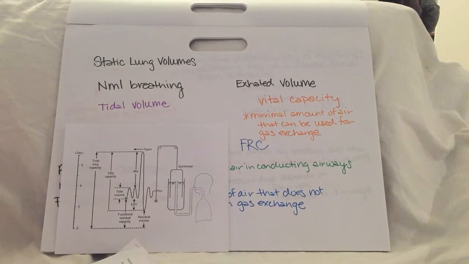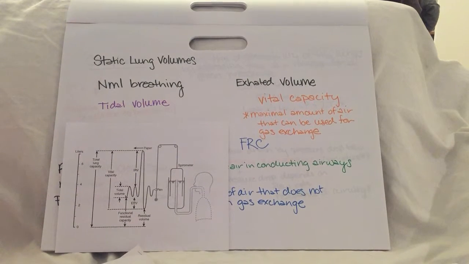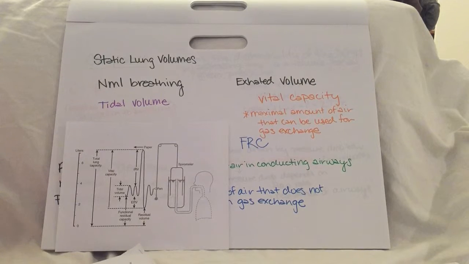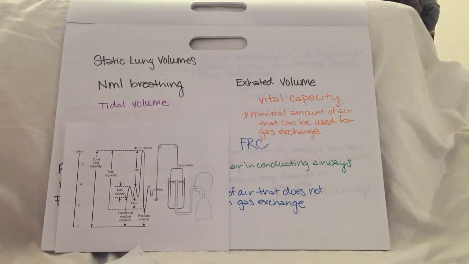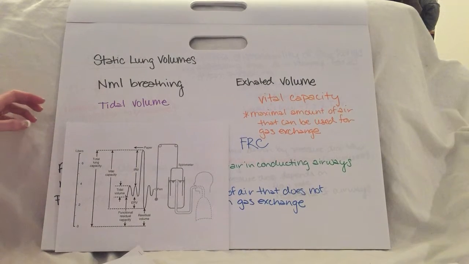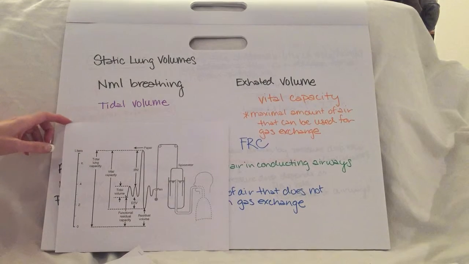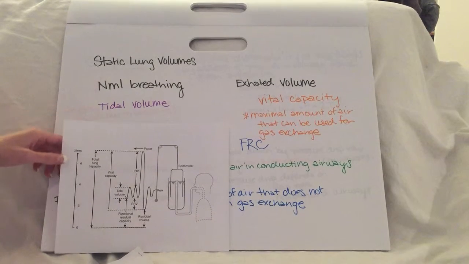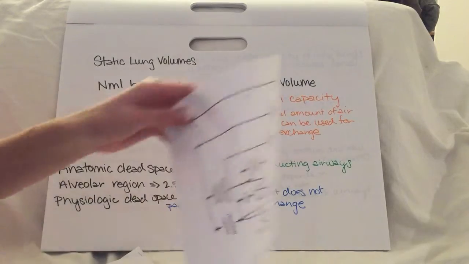And the special purpose of this is that it must be above closing capacity of the alveoli to prevent atelectasis. Equilibrium volume is when the elastic recoil of the lung is balanced with the normal tendency of the chest wall to spring out at the end of exhalation.